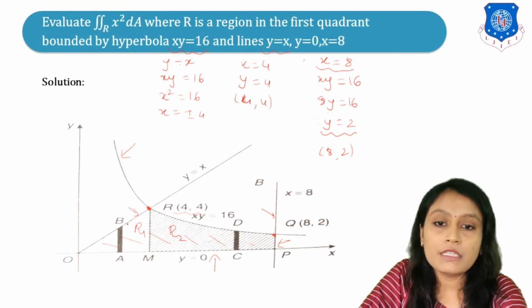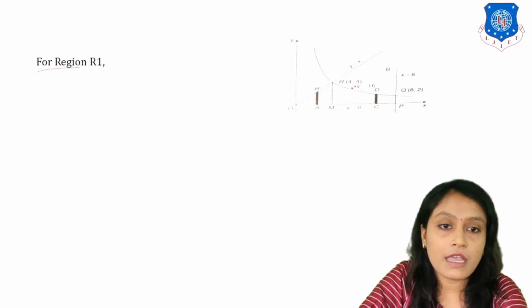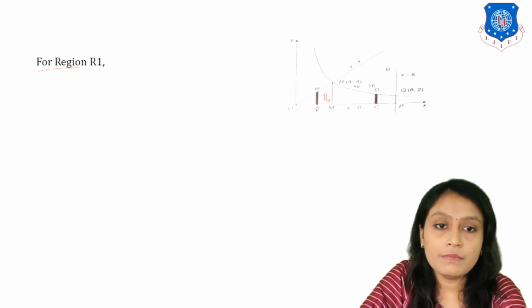Now we will evaluate this integration over region R1. So for region R1 we have this graph and this is the region R1. Now to cover this region R1, here we have a strip, that is the AB strip. This is a vertical strip. You can see this vertical strip starts from y is equal to 0.